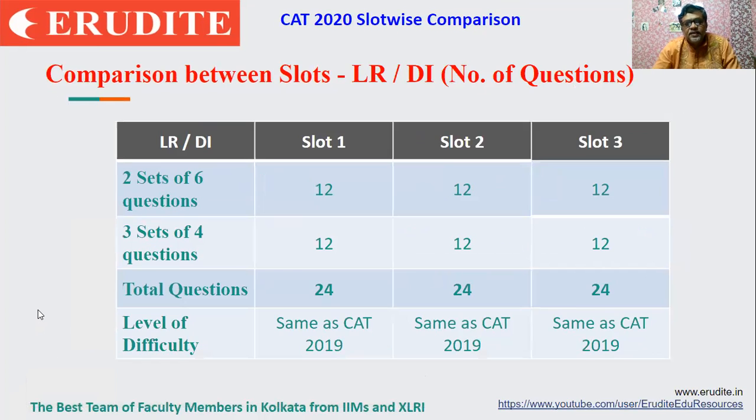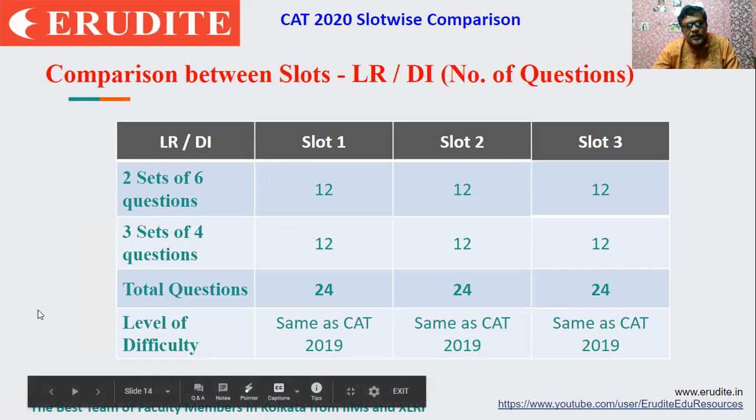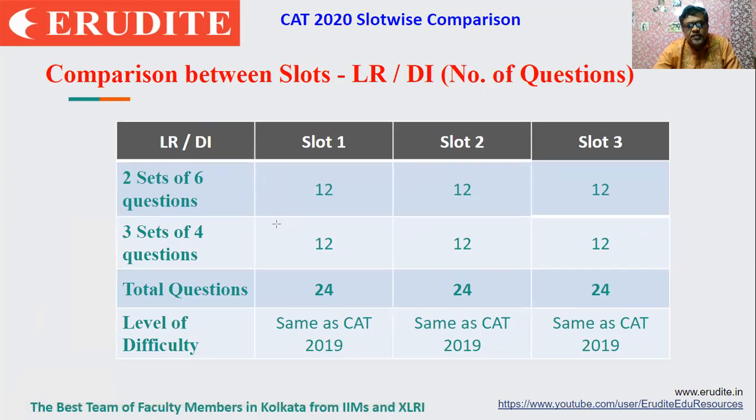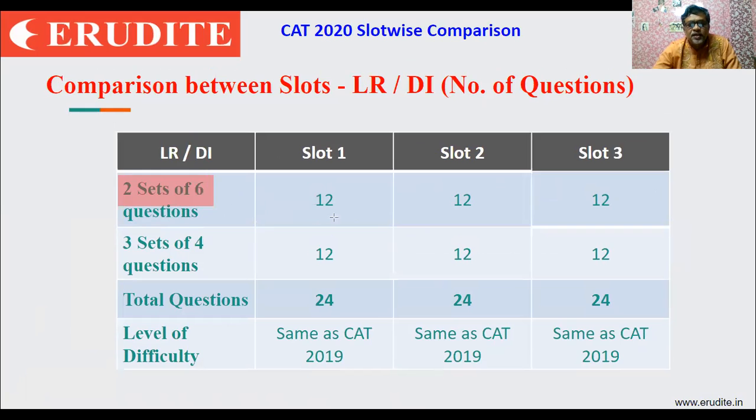Now it is the LRDI zone. In LRDI, the number of questions remains the same, 24, and in slot 1, slot 2, slot 3, everywhere we have seen 2 sets of 6 questions. In all cases it remained difficult.